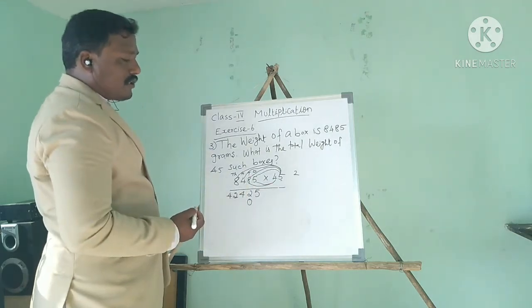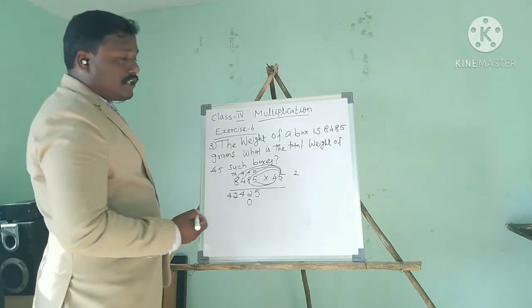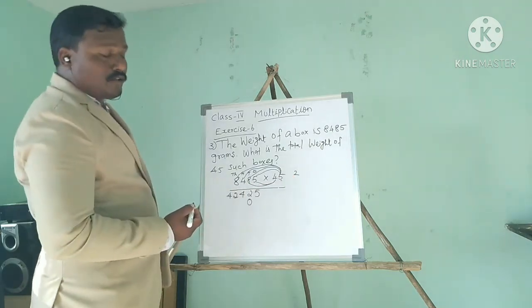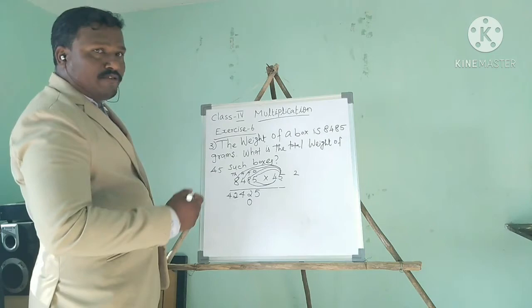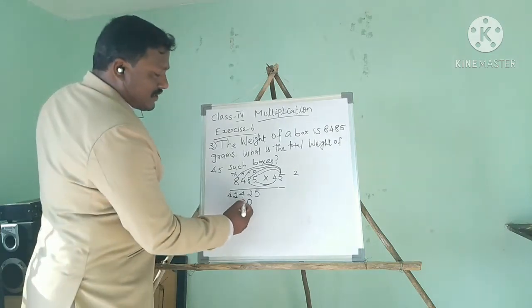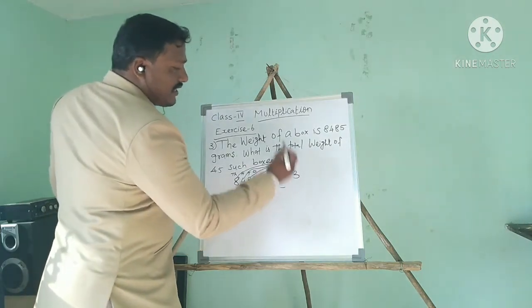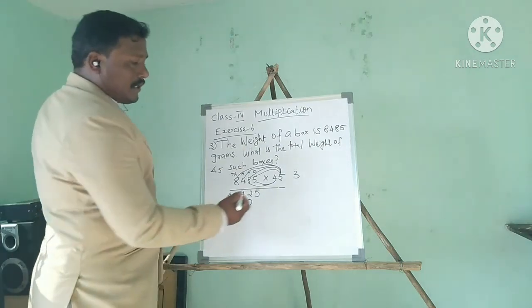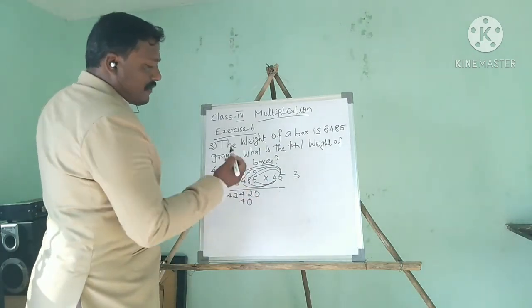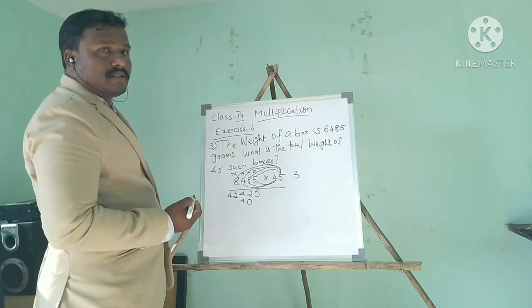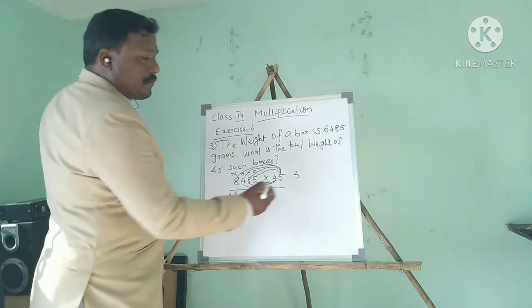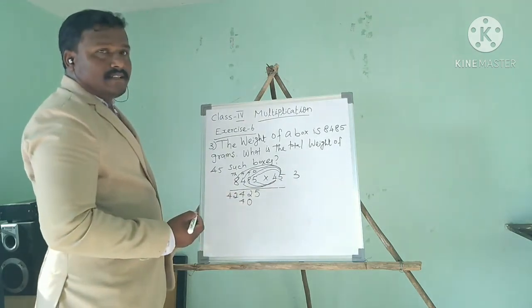8 4s are 32. 32 plus 2 is 34. 34 we cannot write as it is. We will write 4 first and keep 3 as the remainder. Now again we take the same 4 and multiply: 4 4s are 16. 16 plus 3 is 19.